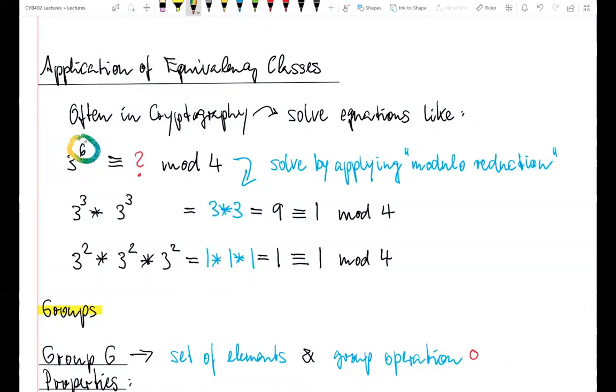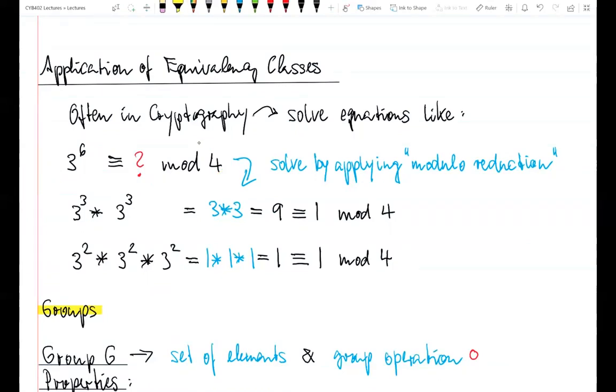So here in this simple example, we just say that we want to compute 3 to the power of 6. And what would the result be, modulo 4? What would it be congruent to?